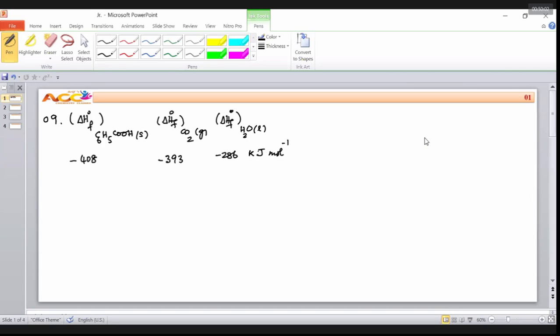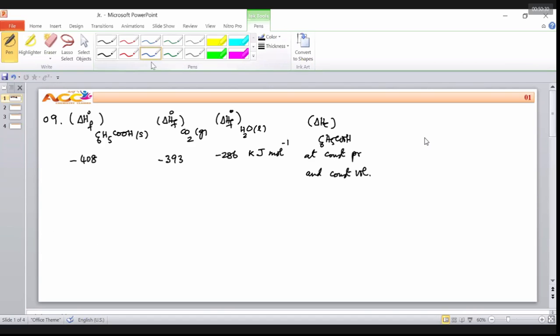Find enthalpy of combustion of benzoic acid. Find enthalpy of combustion of benzoic acid at constant pressure and constant volume.